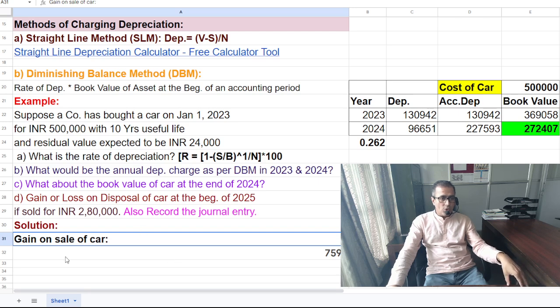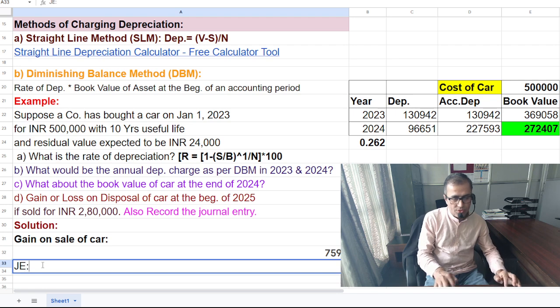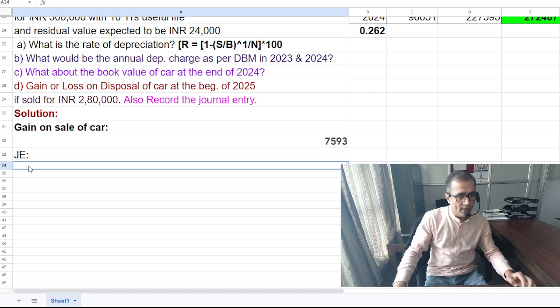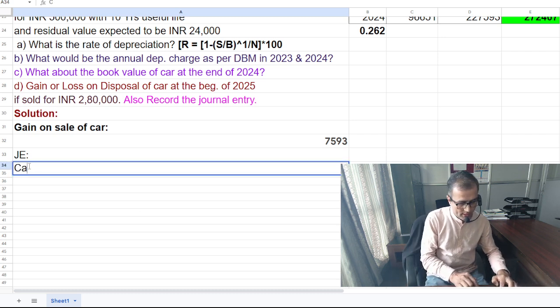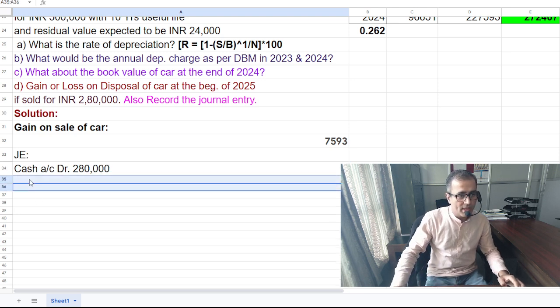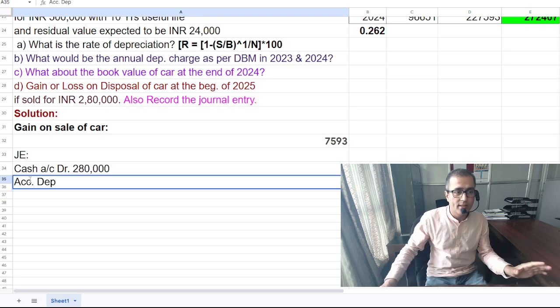Now the next question is that since you would have a gain on sale of car, how would you record the journal entry here? The journal entry would be simply, friends, the cash account debit. How much cash would be realized? That is 2,80,000. Now what about our accumulated depreciation?